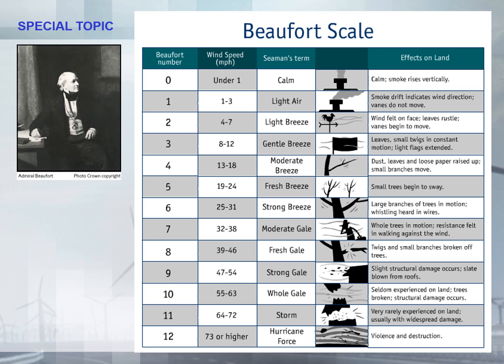This is the Beaufort scale. This is not dealing with hurricanes or tornadoes. Those have different scales, the Saffir-Simpson scale and the Fujita scale. But the Beaufort scale has been used for many decades, probably hundreds of years, because this would have maybe started with shipping travel.